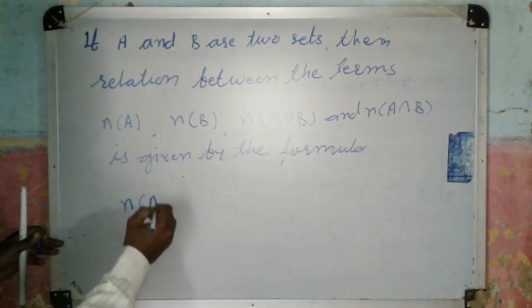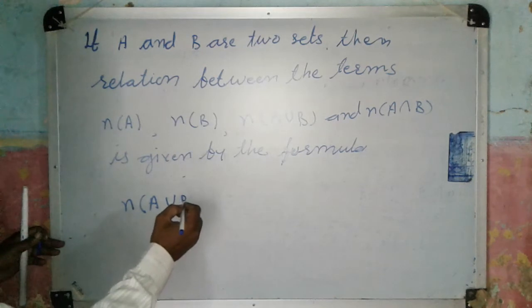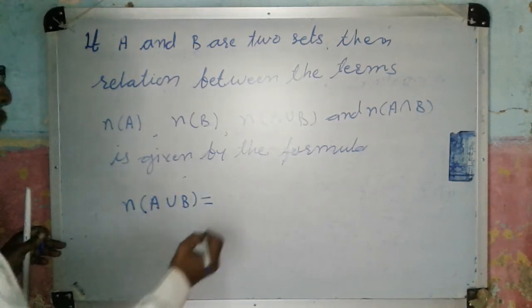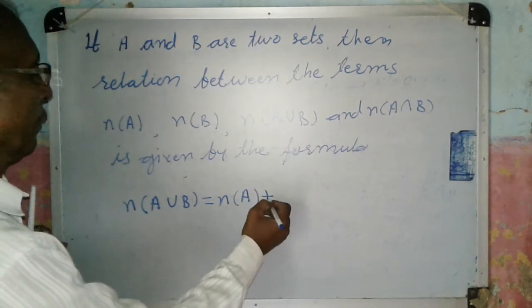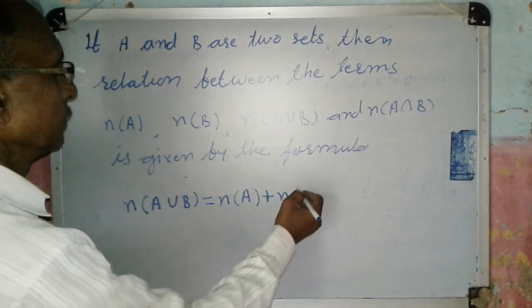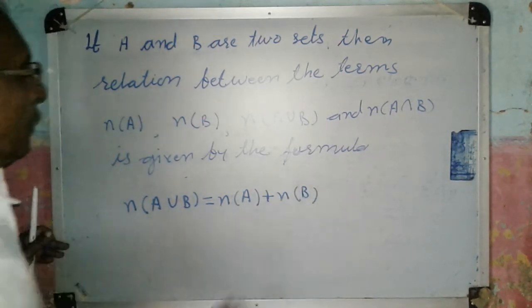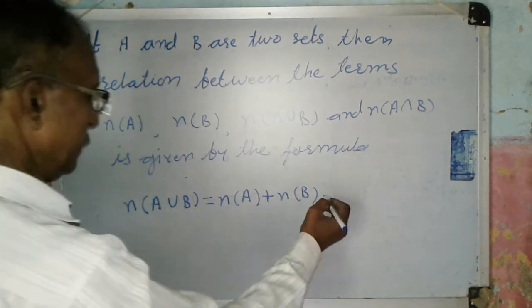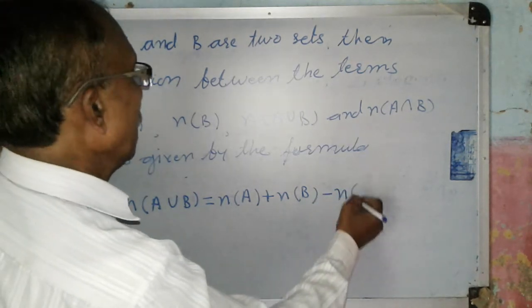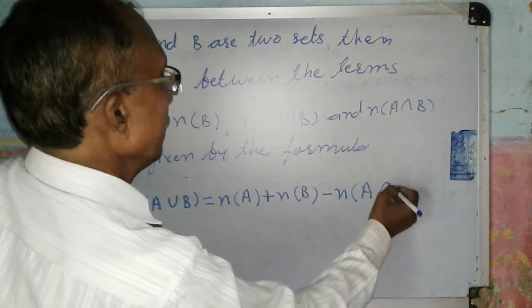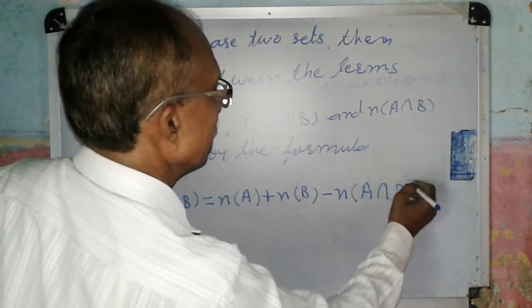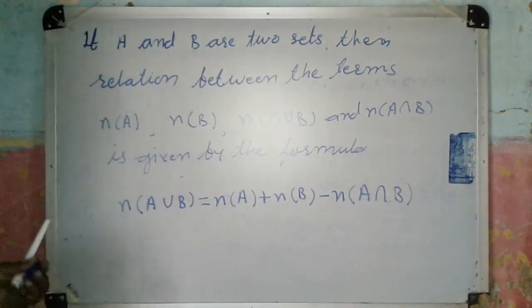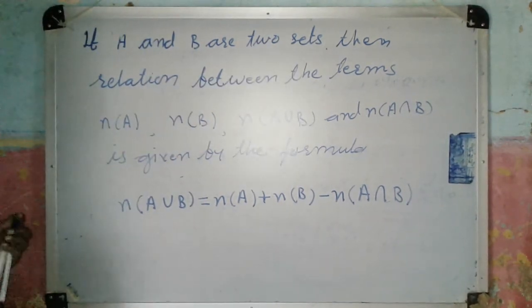Number of A union B is equal to number of A plus number of B minus number of A intersection B. This relation is shown by this formula.